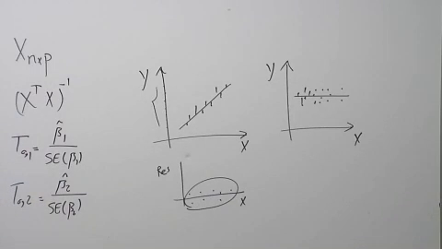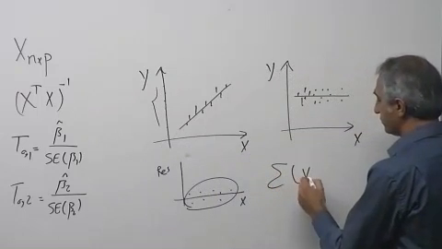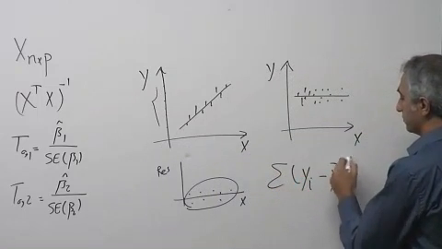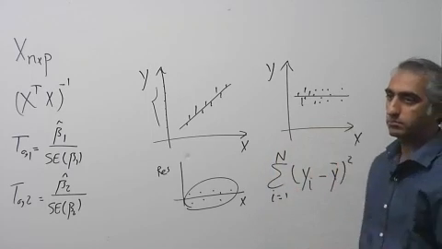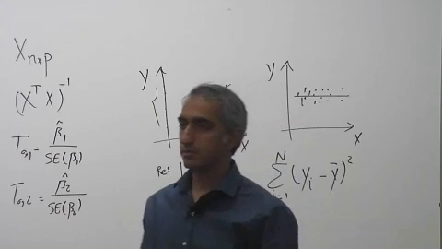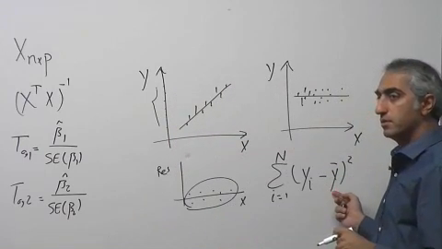Any questions? Yes? I guess the total variability, or the variability just in y that you were mentioning, is it the range? No, it's related to range, but it's not exactly range. It's this one, let's say capital N, and this is y bar.